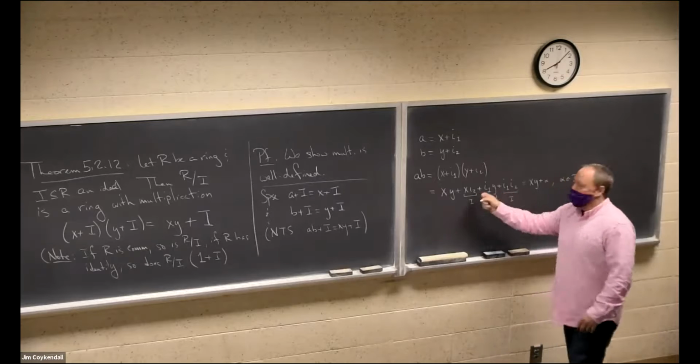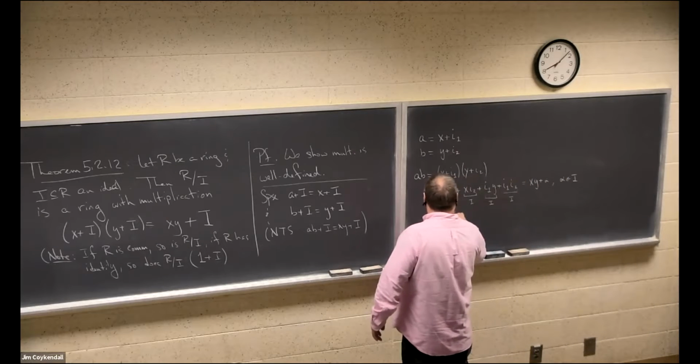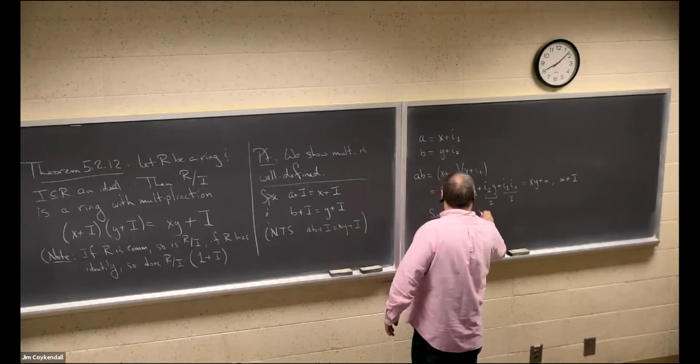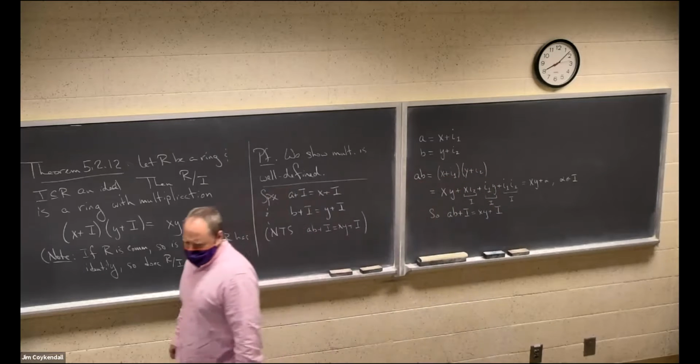So this whole bunch here I can call alpha in I. So I'll prove the cosets are the same and the multiplication is well defined.